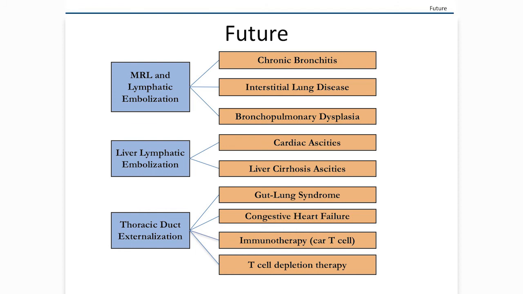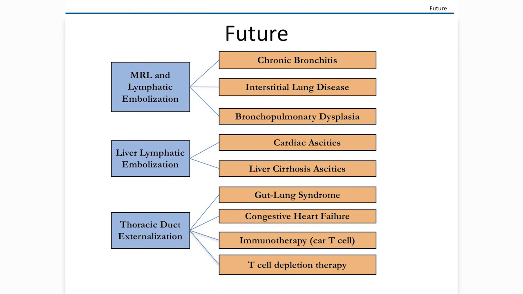We are starting a study where we try to divert the lymph in intensive care patients, because there's a strong knowledge that the lymph in ICU patients that originates from the gut can cause tremendous multi-system organ failure, and by diverting the lymph, we can prevent this multi-organ failure.